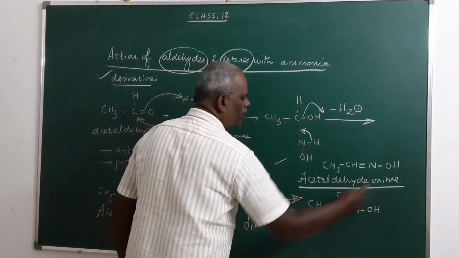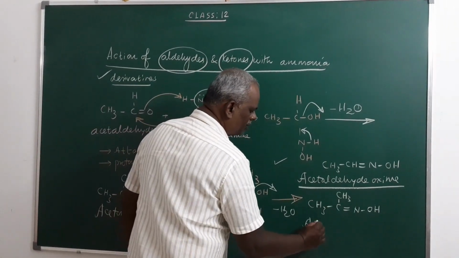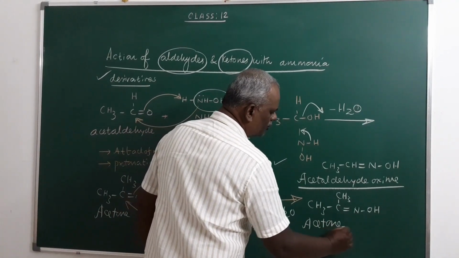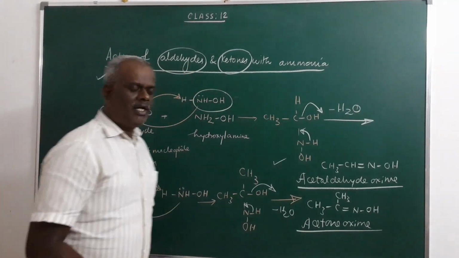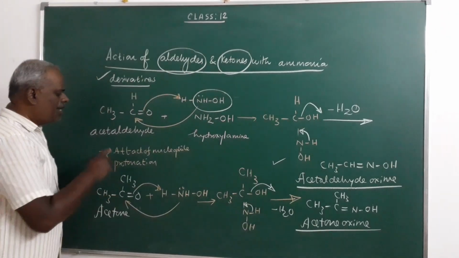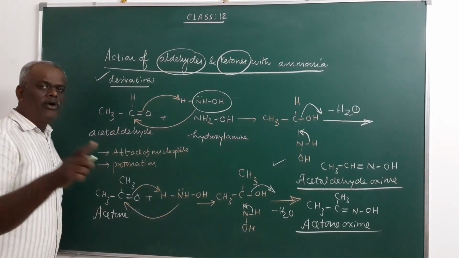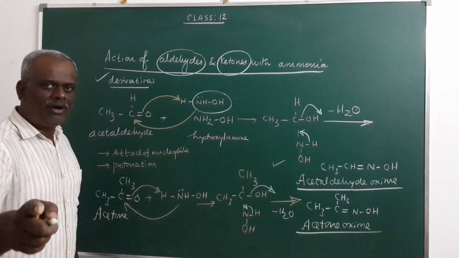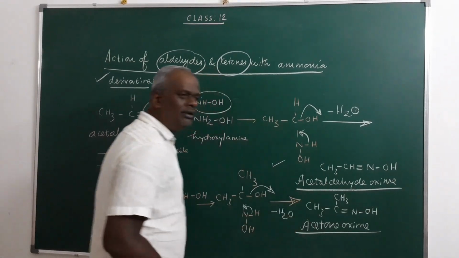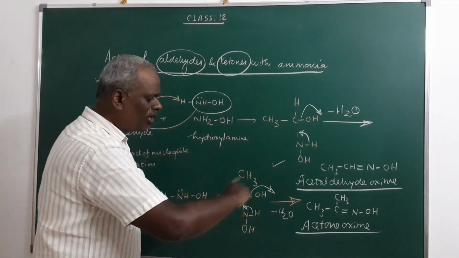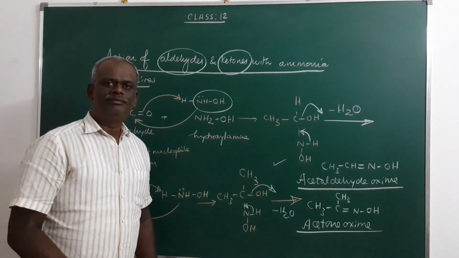That was acetaldehyde oxime, but this is called acetone oxime. It clearly shows that when any aldehyde or ketone, including aromatic aldehydes, reacts with hydroxylamine, the products are oximes. You can have aldoximes or ketoximes. Is it clear?